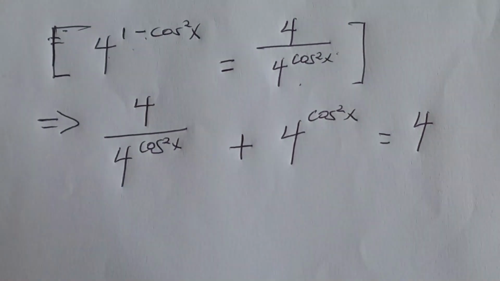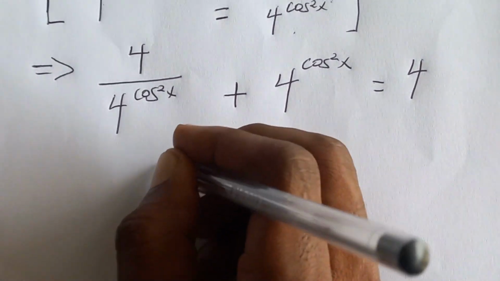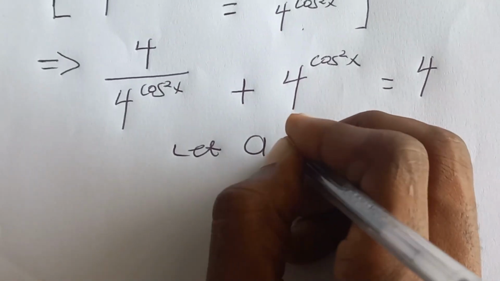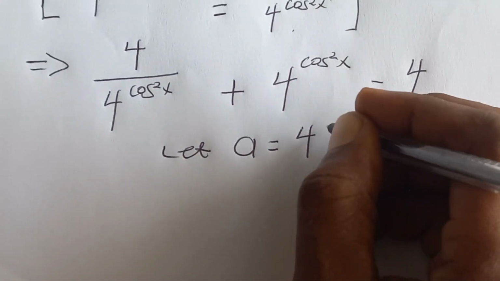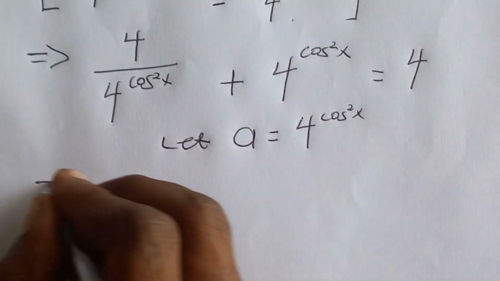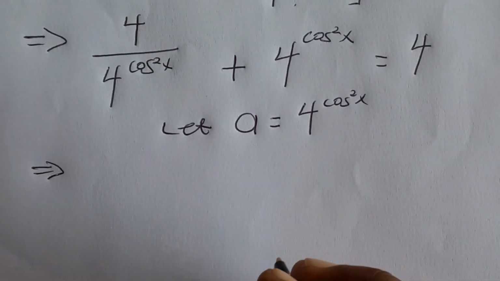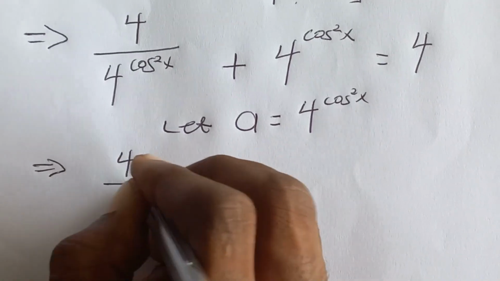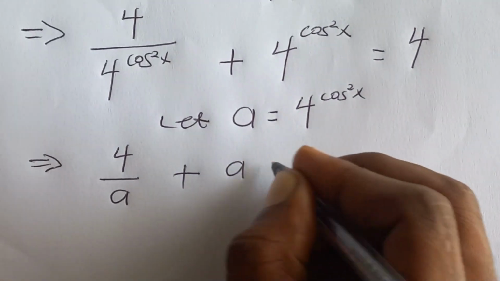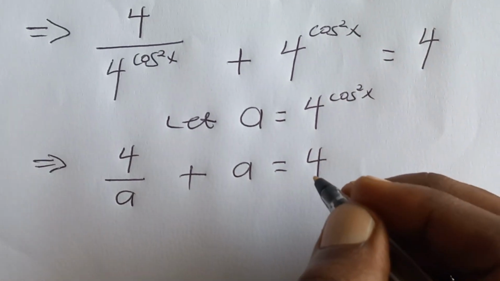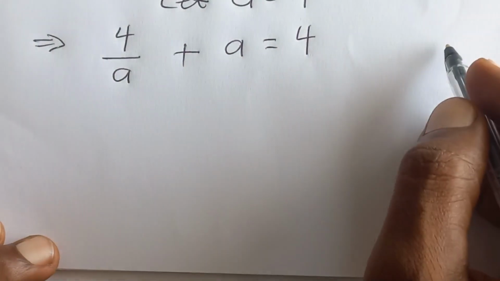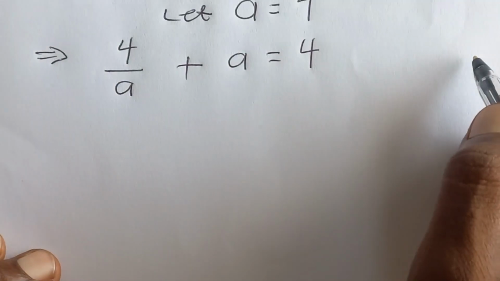Okay, so now we can let a is equal to 4 exponent cos squared x. So we will write this equation as 4 on a plus a, which is equal to 4. So we multiply through by a.